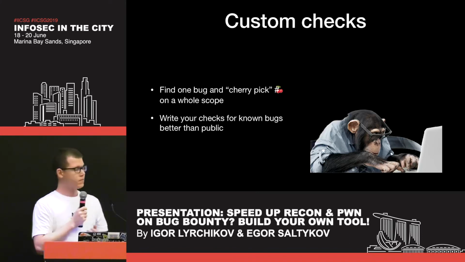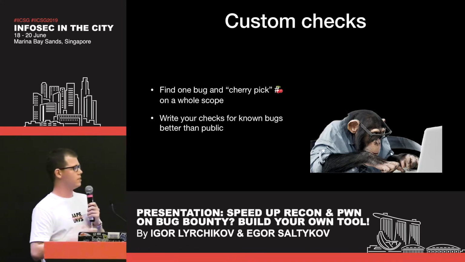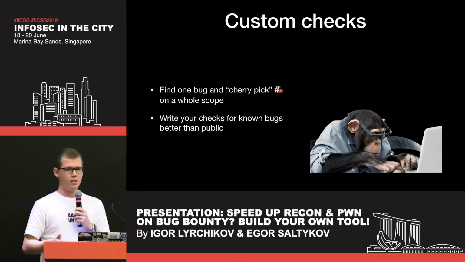And it really matters because, as I told before, Black2Fan just created his custom CRLF checker and reported it on all the HackerOne assets and earned a lot of money.